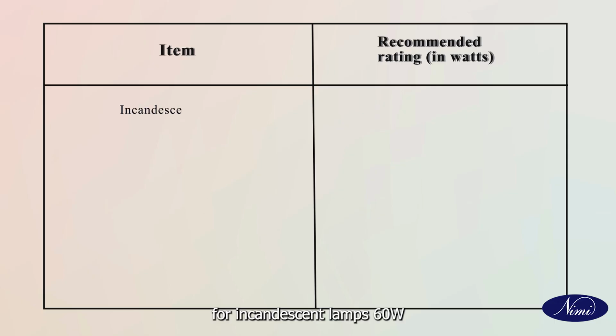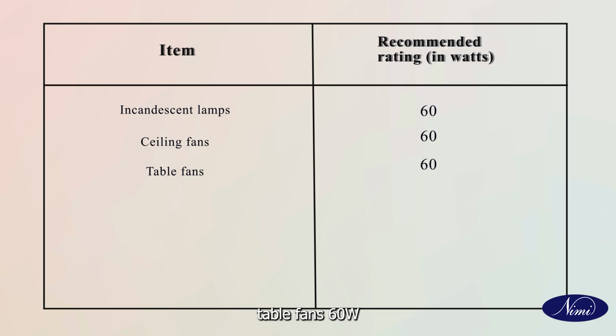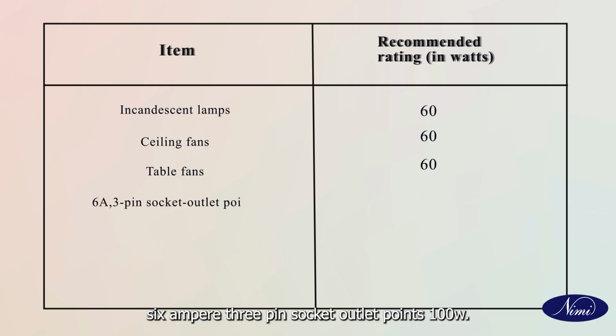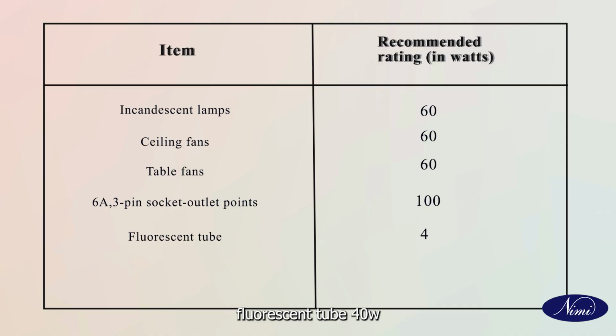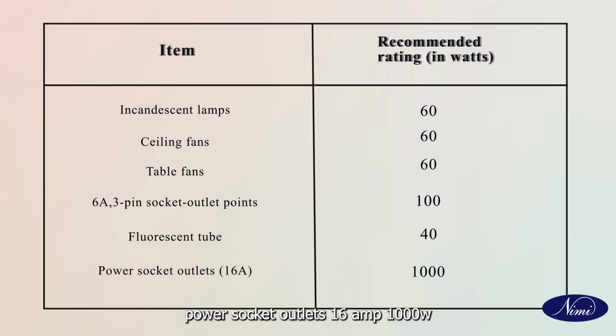For incandescent lamps, 60 watts. For ceiling fans, 60 watts. Table fans, 60 watts. 6 ampere 3-pin socket outlet points, 100 watts. Fluorescent tube, 40 watts. Power socket outlets, 16 amp, 1000 watts.